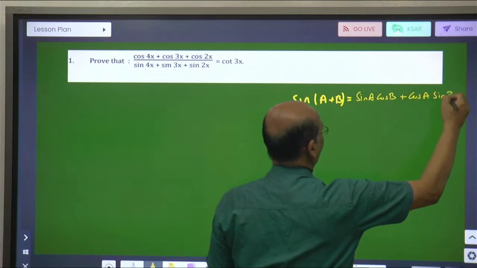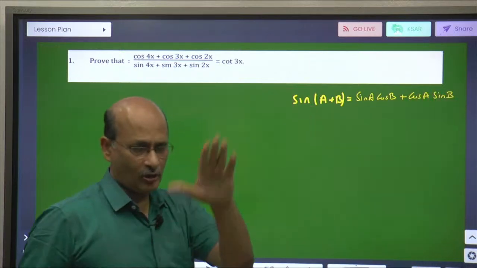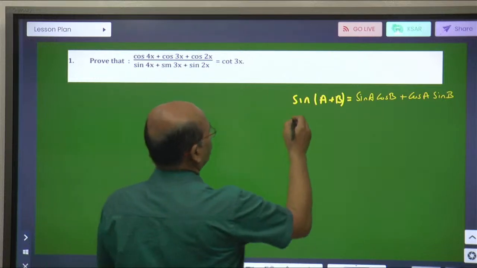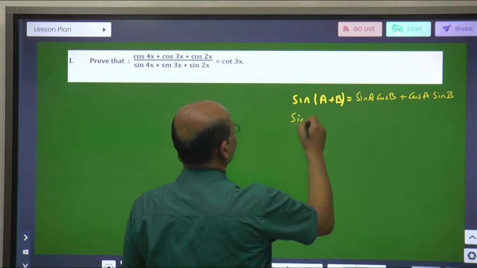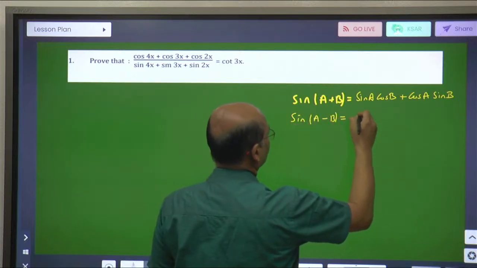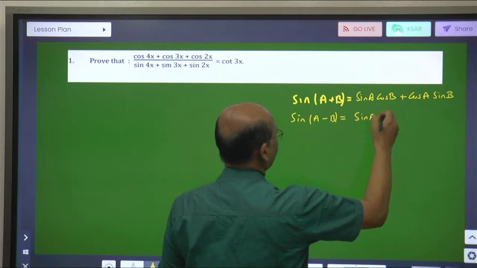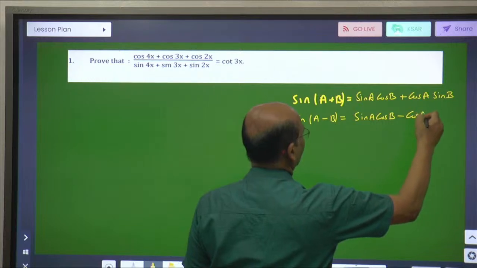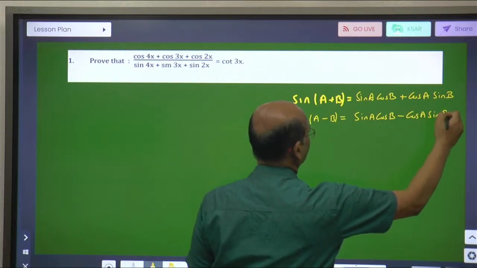I want the formulas handy with you today on a piece of paper. If you have noted them down, keep them with you. Then sin(a-b) is equal to sin a cos b minus cos a sin b.